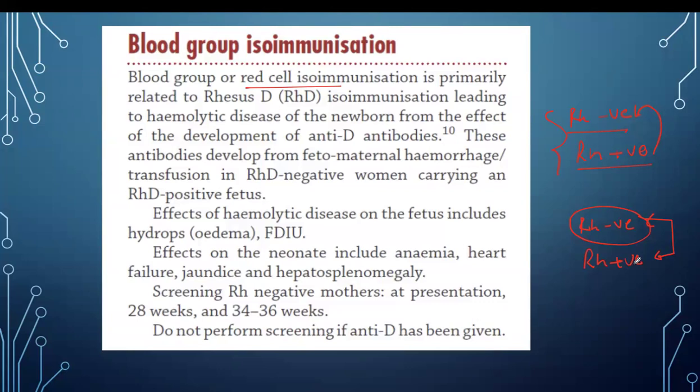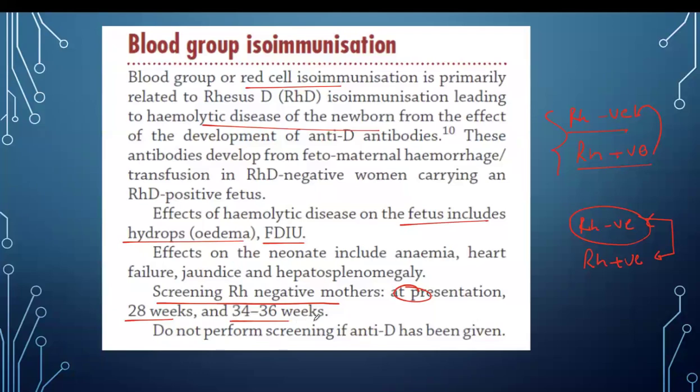And definitely if this happens, then the baby will have hemolytic disease of the newborn. And most of the time the baby will be dead. Hydrops fetalis and fetal death in utero are the main complications of this. So that's why every Rh negative mother should be checked for Rh antibody level the first time you see them, at 28 weeks and at 34 weeks.